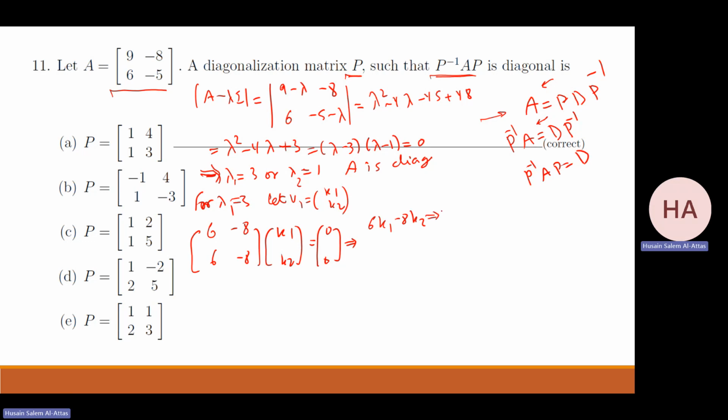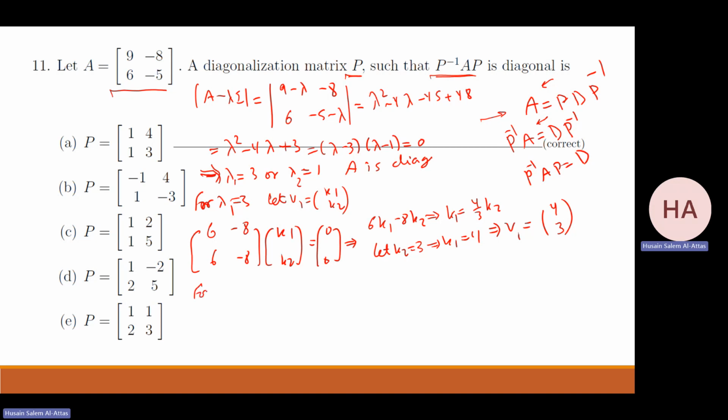So it means K1 will be 8 over 6, 4 over 3 K2. So K2 is free. Let K2 equal 3. I don't need fractions. So K1 equal 4. So my V1 will be 4 and 3.